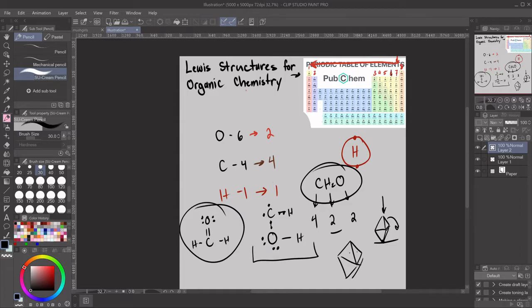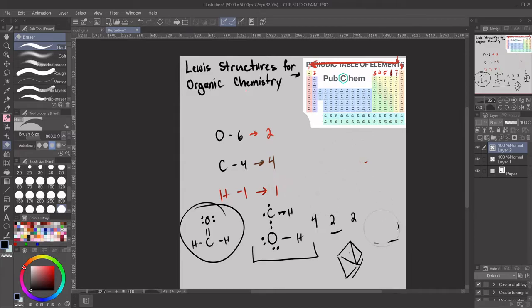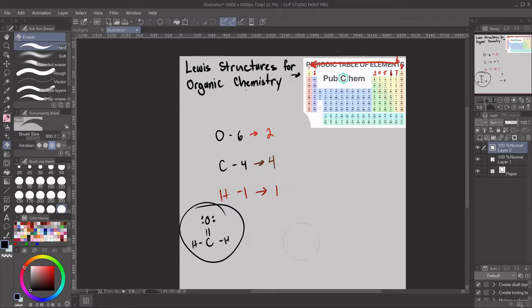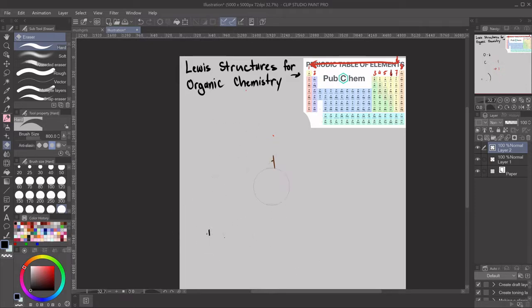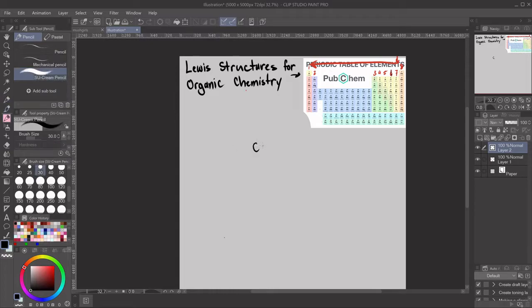All right. So the next thing to talk about is something called formal charge. So let's say that we had that weird structure that I drew, where I have carbon attached to an oxygen with a hydrogen here and a hydrogen here.